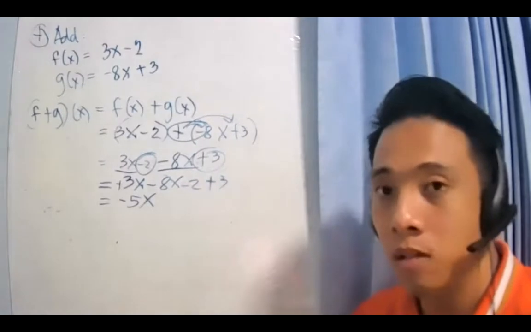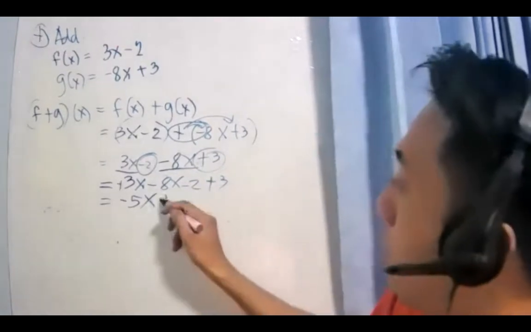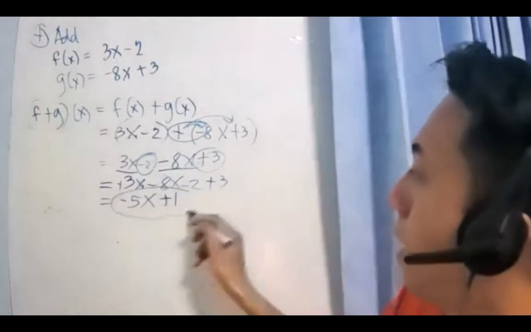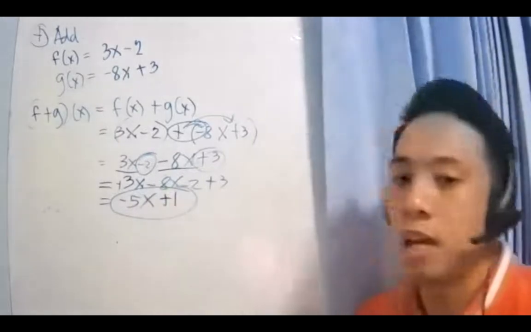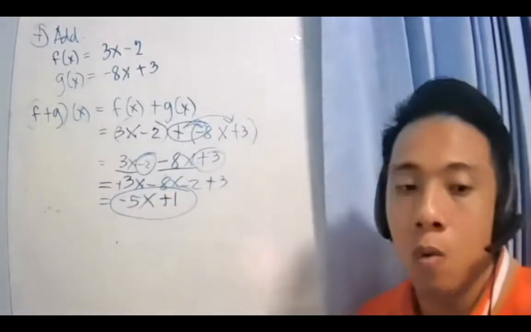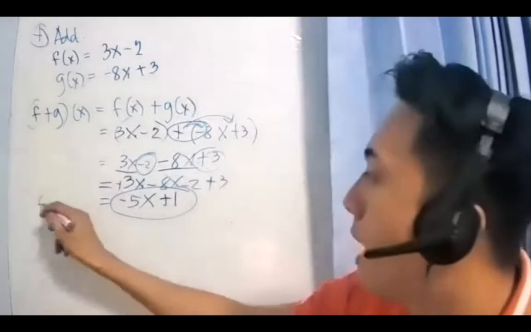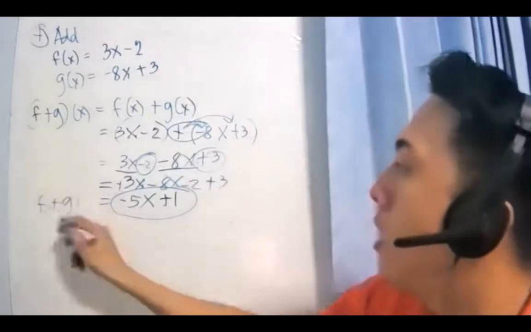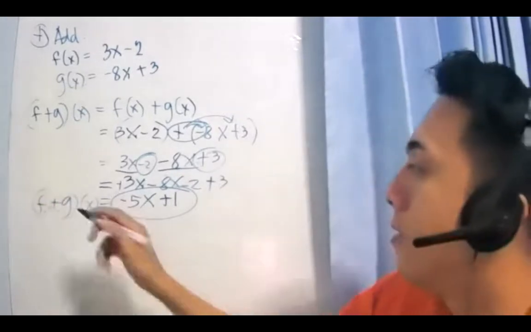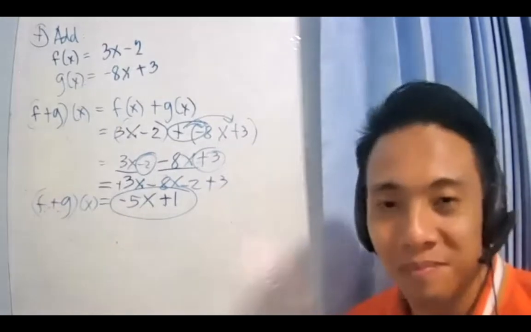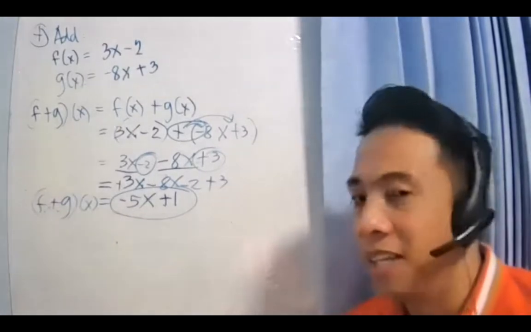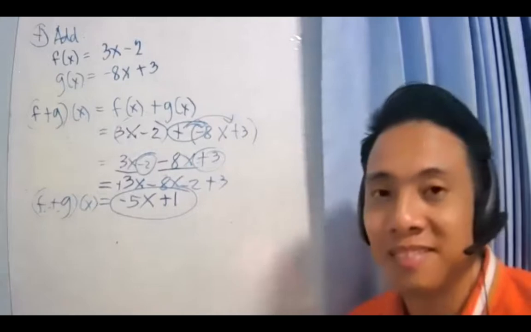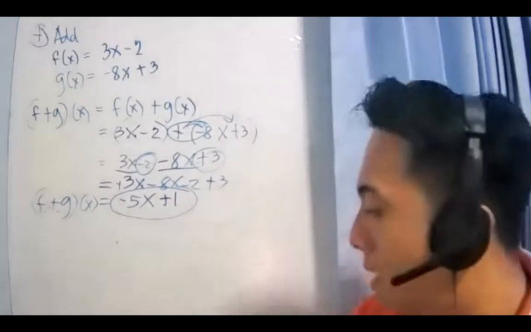Negative 2 plus 3, we have positive 1. And this will be our answer. Negative 5x plus 1. This is now f plus g of x. Easy? Easy. Very sure.